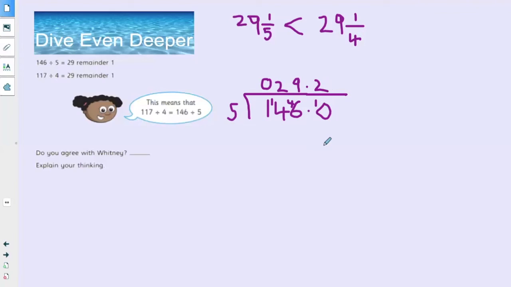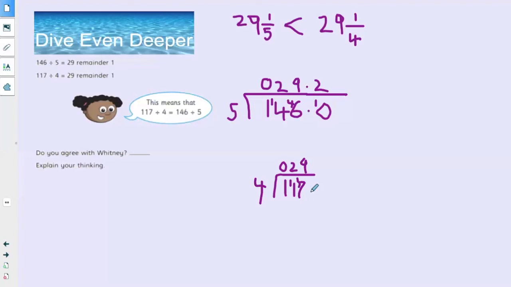And we can do the same for 117 divided by 4. Sorry, that's a 3.